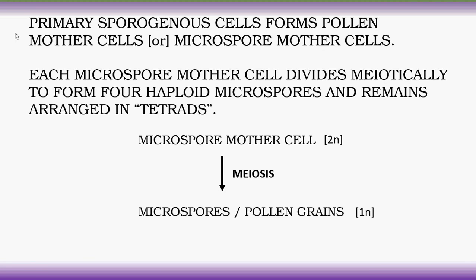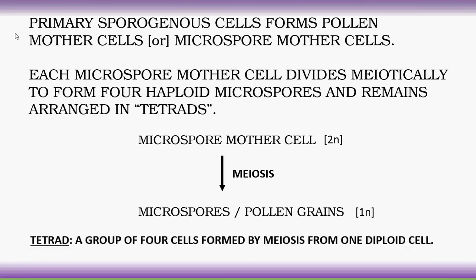Now all these 4 microspores or pollen grains are arranged in a tetrad. What is a tetrad? A tetrad is a group of 4 cells formed by meiosis from one diploid cell. Here it is clear, the microspore mother cell is diploid and it forms 4 haploid cells through meiosis division.